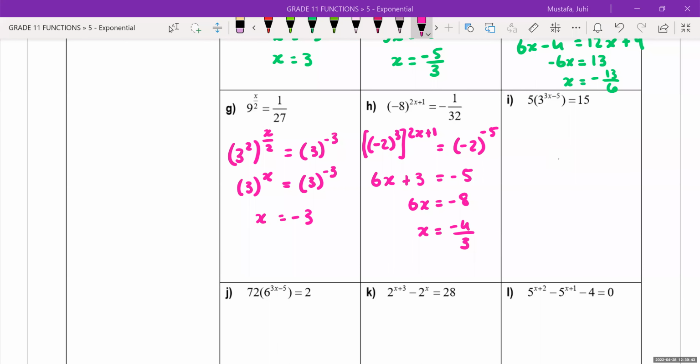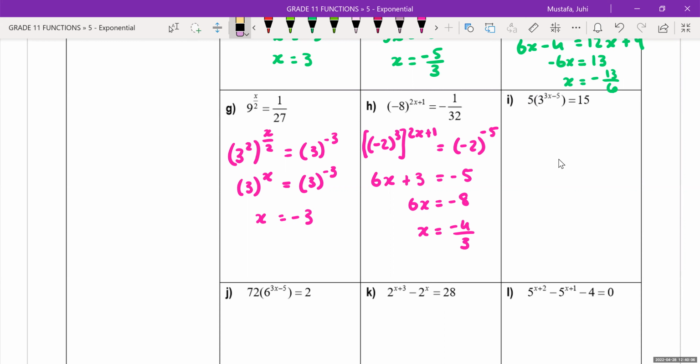Question I actually has an additional step. Do you guys recognize that 3 is actually the base in this question, but 5 is the coefficient? And when you have a coefficient, it's not attached to the power and the base at all. The 5 is a completely different number than 3 to the power of 3x minus 5. So we can move that 5 to any side of the equation.